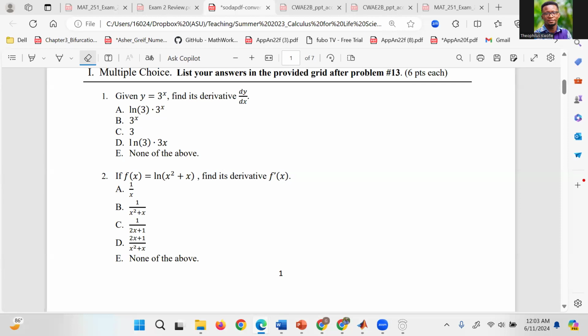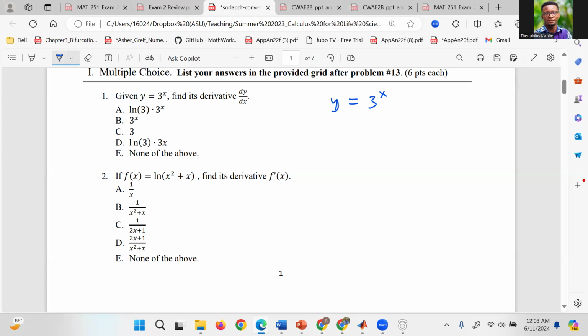So we have y equal to 3 to the power x. So how do we find dy/dx of this exponential function?